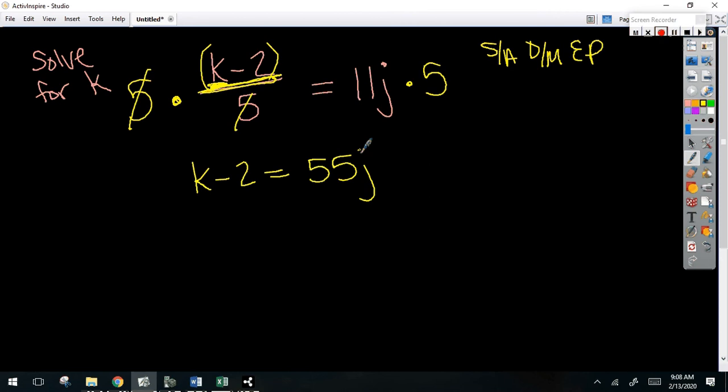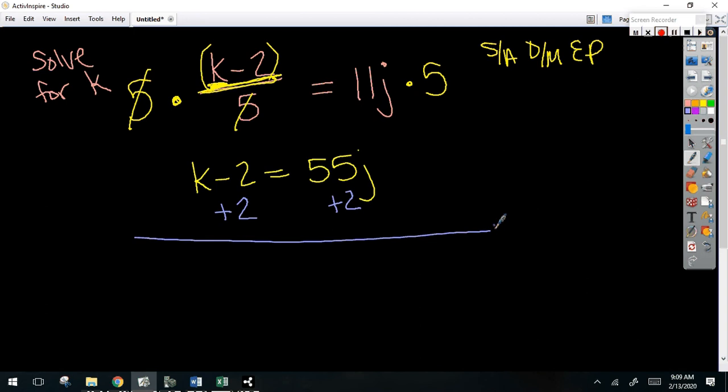You can multiply by 5. Because multiplying, you can multiply the numbers together there and smush them together, but you can't add them together. Or subtract them, right? Close. Instead of subtracting, I need to do the opposite to get rid of it. So I need to add. Now, can you add 55j and 2?